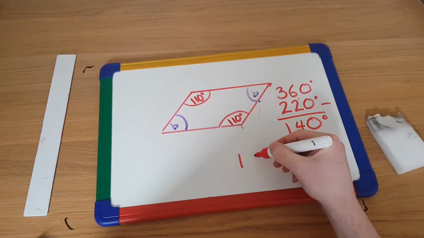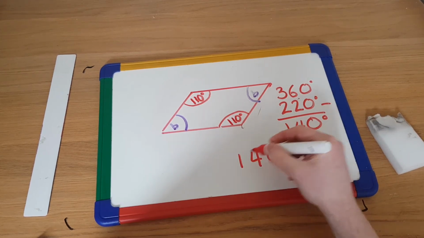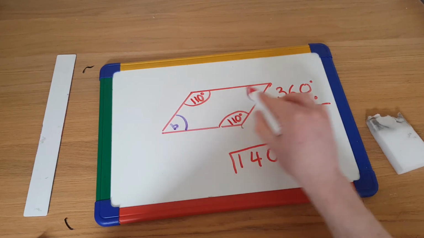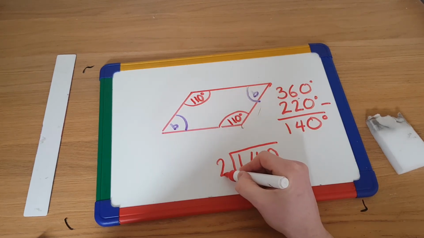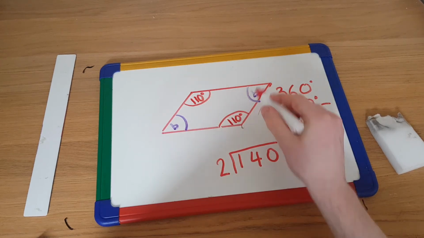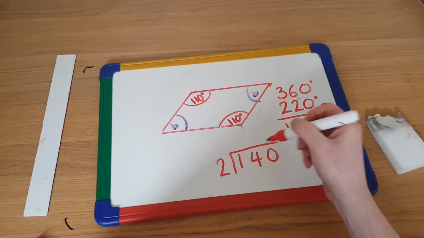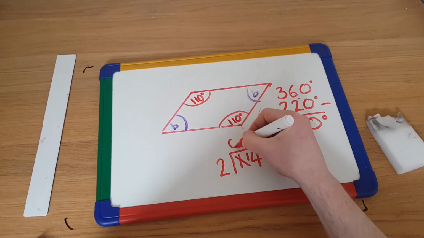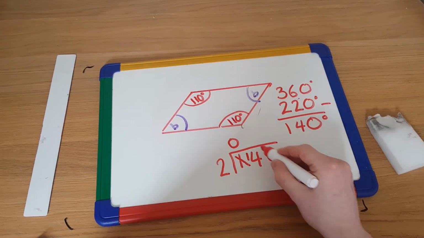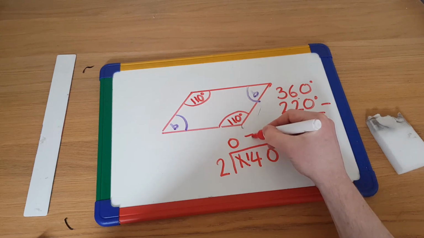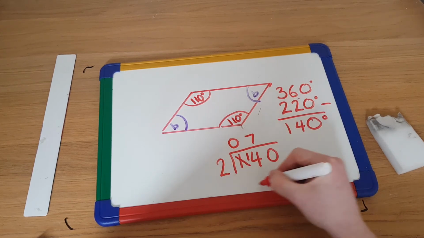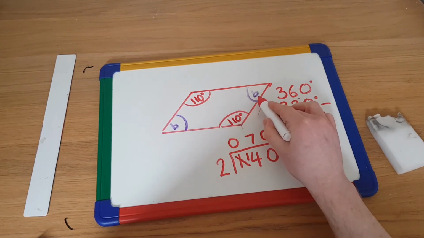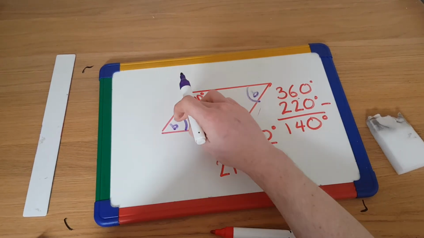So I've got 140 degrees, and I'm sharing it equally between those two angles, so I'm dividing by 2 because I know they're the same. 2's into 1, I can't do, so carry that over. 2's into 14 is 7, because I know 7 times 2 equals 14. And 2's into 0 is 0.